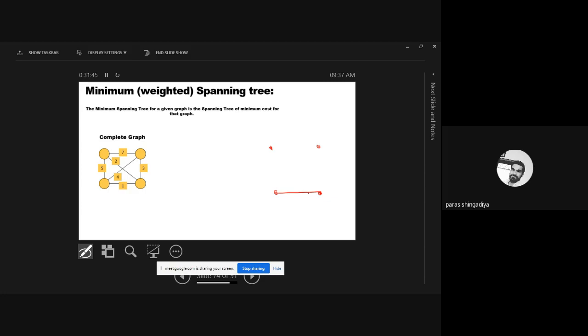Clear? Now what is the next weight? 2. So connect these two vertex with 2. Clear? That is 1. That is 2. Now what is the next? That is 3. So connect this one. Clear? That is the answer of this. Okay, that is the minimum weighted spanning tree.